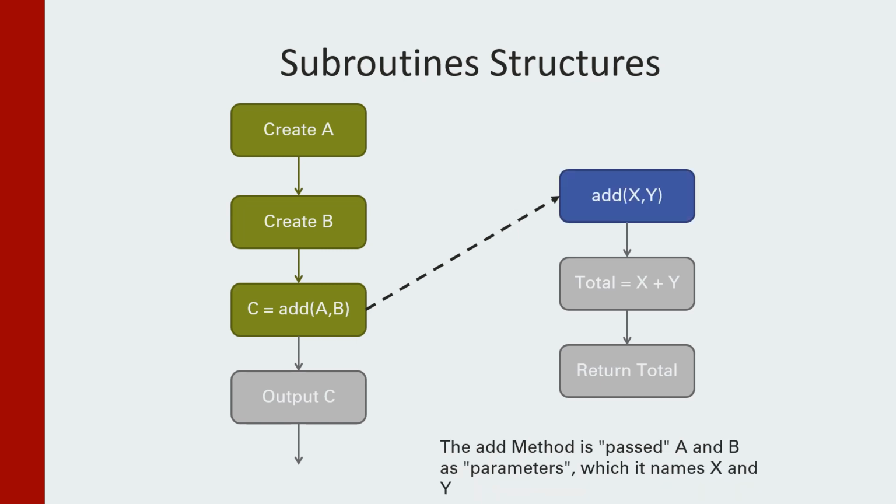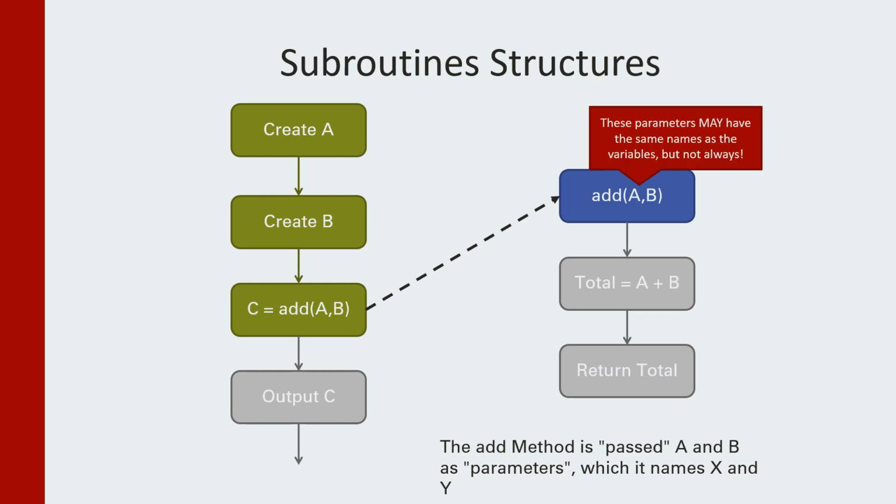And now this method that we call add is given two parameters A and B, which are associated to X and Y in the method, and it's going to add them together.